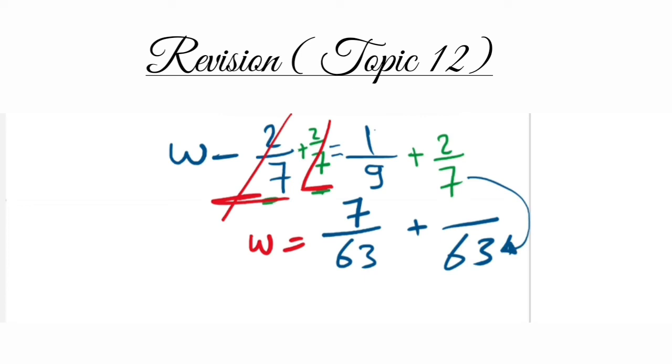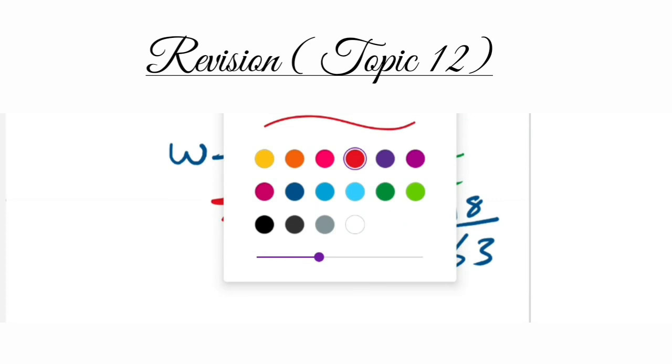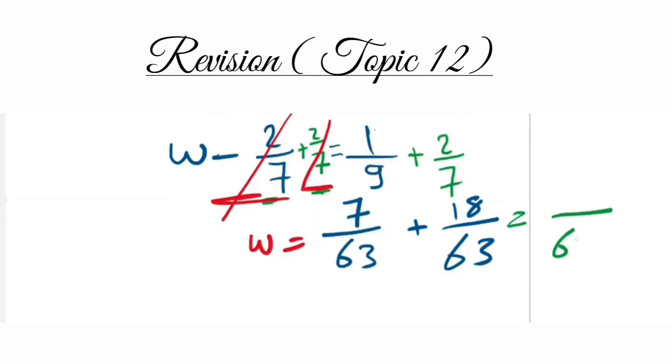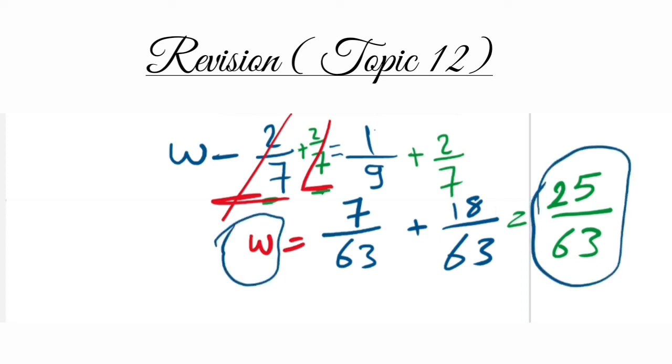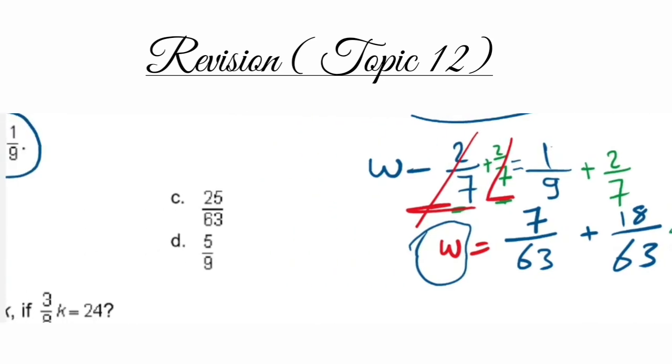And 7 is now 63, so multiply by 9. Do the same for 2, multiply by 9 also. It will be 18. Now add, write the denominator, and 7 plus 18, that's 25. So W is 25/63.